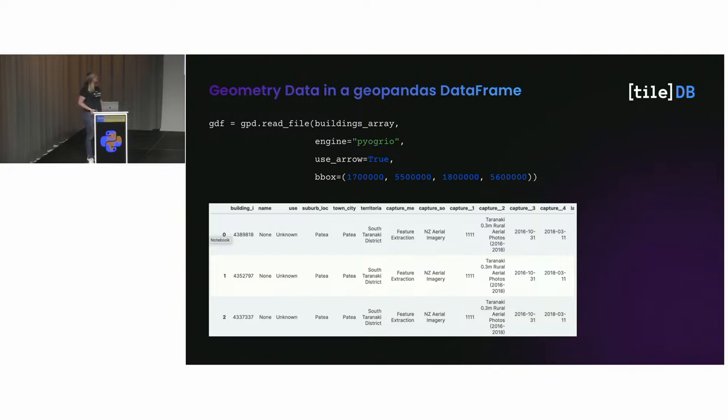Let's do some geometry data, because of course we want to be able to load that in a GeoPandas data frame, and we can. And this was really cool to play around with, because I just got my buildings array, tried this. I wasn't even sure if it would work, and it did, because of all the cleverness in the background in GDAL, Fiona, and all these other packages working together to make this work, because there was a TileDB connection between all these.